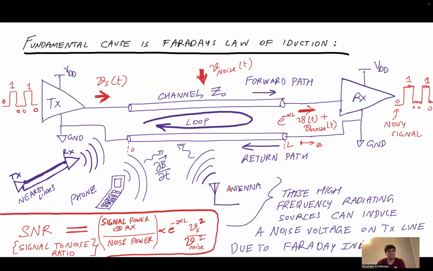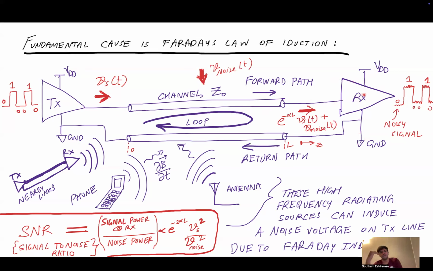Now consider the following case where you have, remember the link, a transmitter connected to VDD and ground, and it's sending a signal, which we're calling Vs of t, that is traveling through this channel of characteristic impedance Z naught. And it's going finally to the receiver side, which is also connected to some VDD and ground.